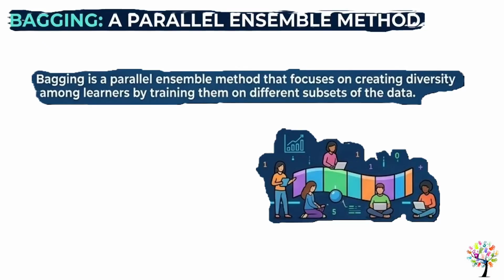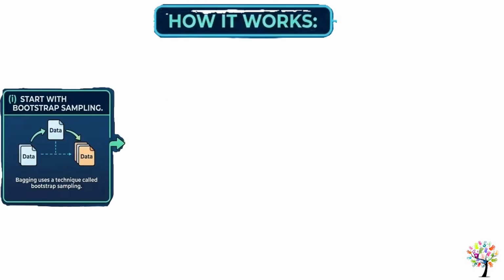So you get something called bagging, a parallel ensemble method, also called bootstrap aggregation. It focuses on creating diversity among learners by training them on different subsets of the data. So how does this work? Bagging uses a technique called bootstrap sampling.